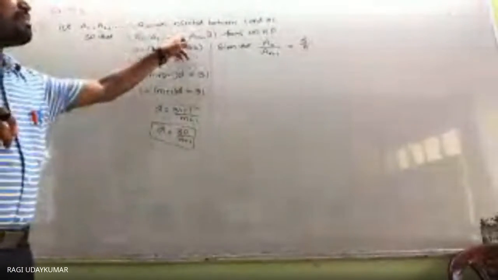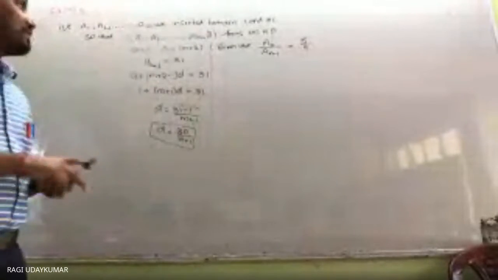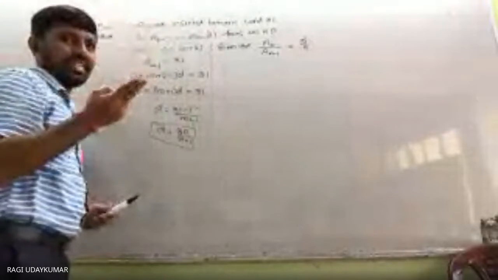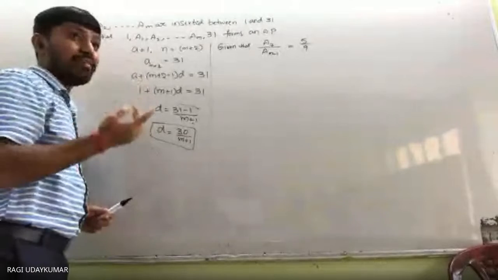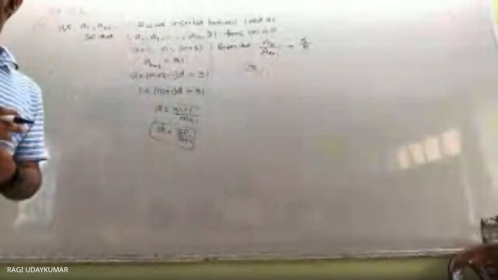See, a1 becomes the second term, a2 becomes the third term, a7 becomes the 8th term. The term we will usually represent with a small a, so this will be a8.